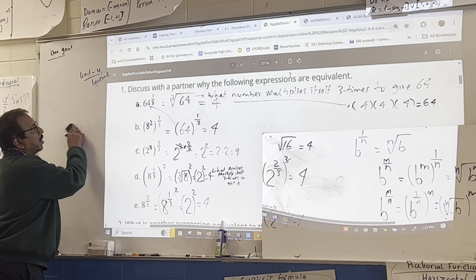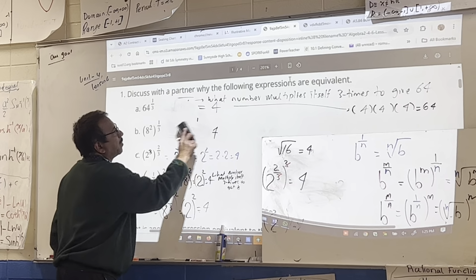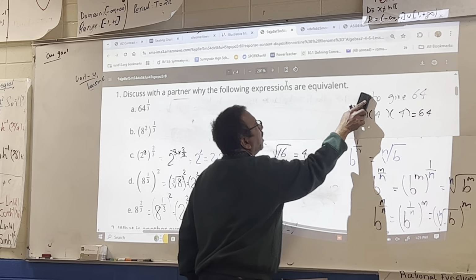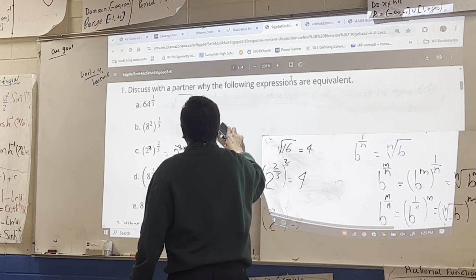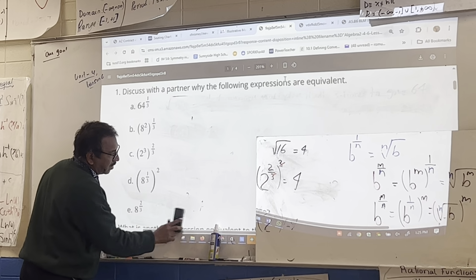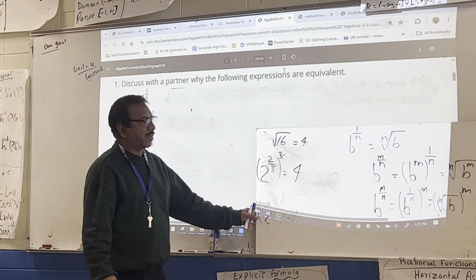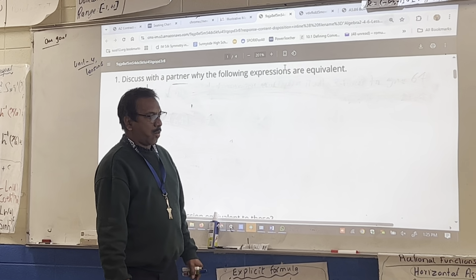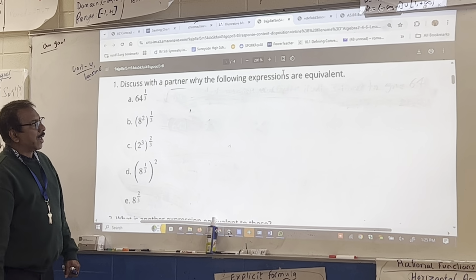The next activity is about how do we create exponential functions. Turn the page, everybody turn the page.